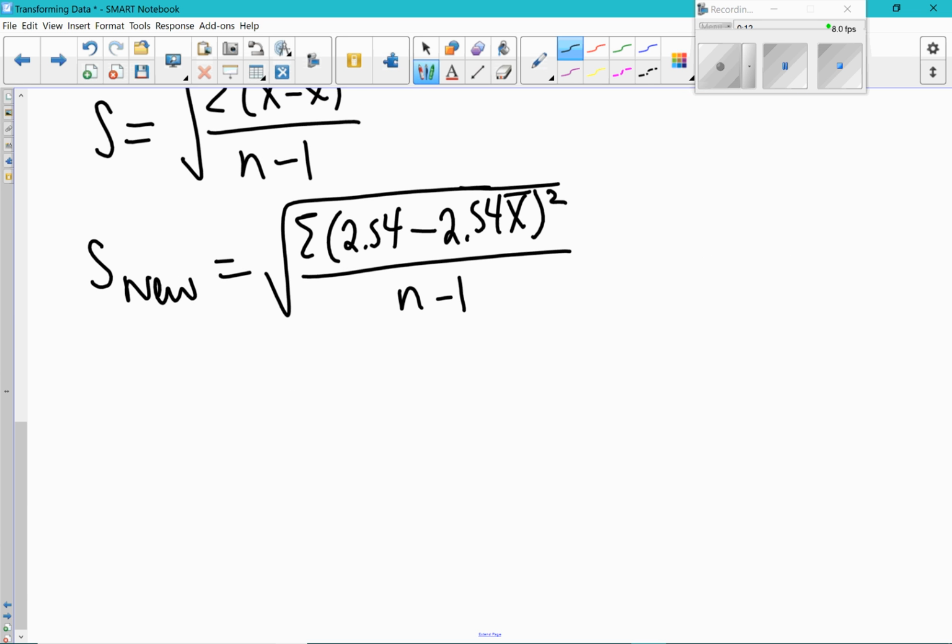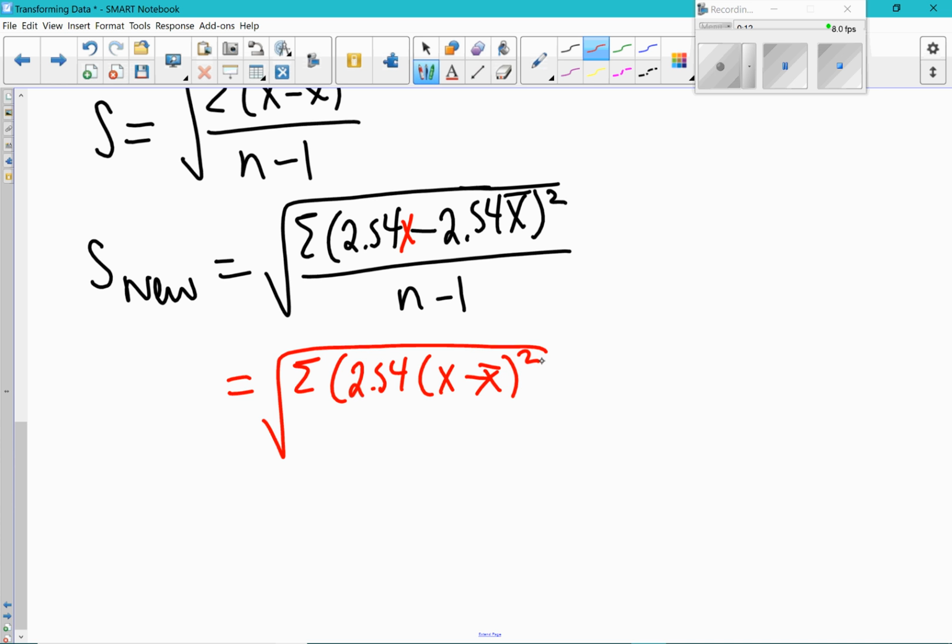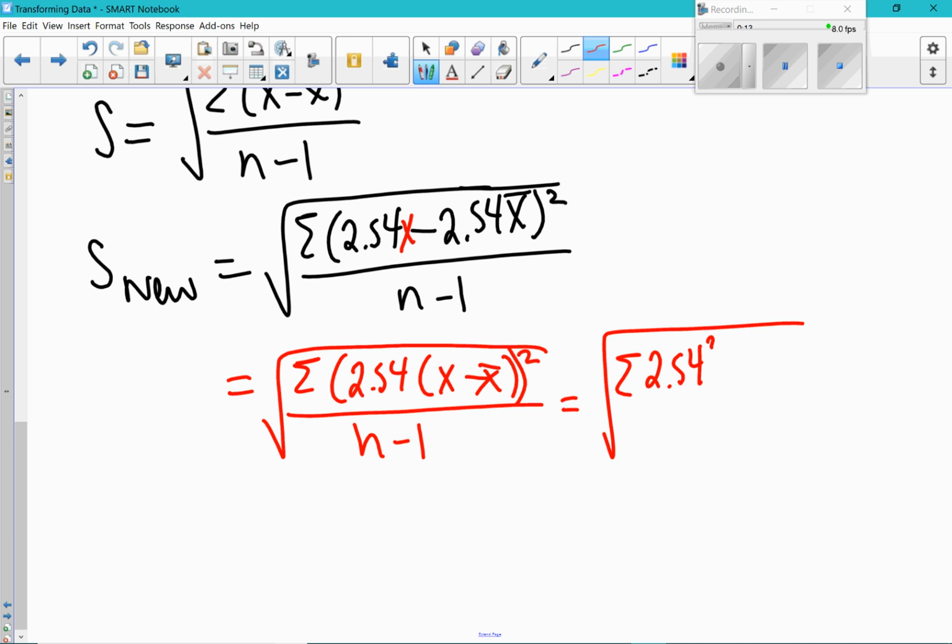So I can factor out this 2.54. I have 2.54 times x minus x bar, and all of that is squared. So this 2.54 must be squared as well, giving the sum of 2.54 squared times x minus x bar all squared, over n minus 1.